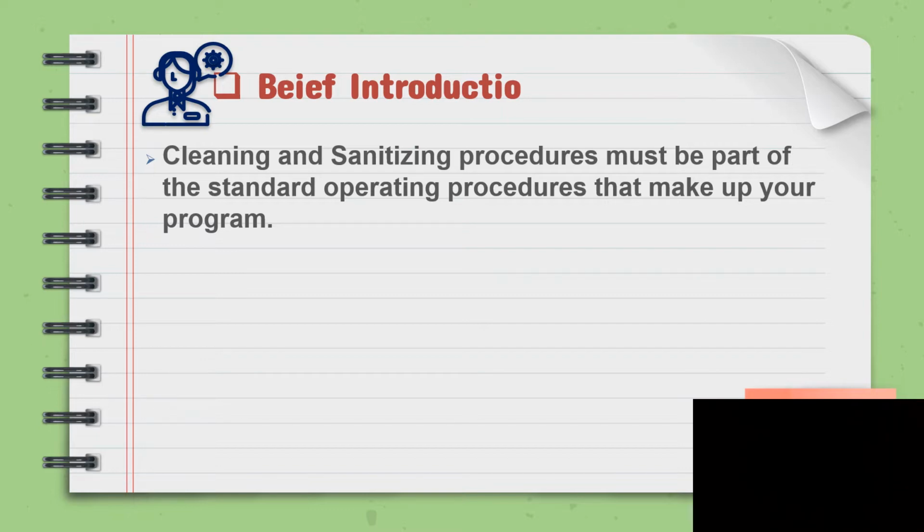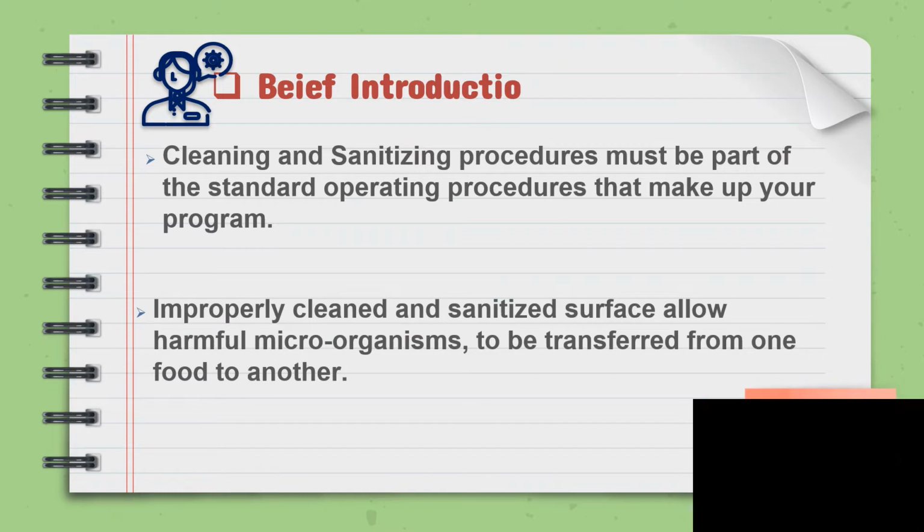even the hotel. Okay, improperly cleaned and sanitized surfaces allow harmful microorganisms to be transferred from one food to another. So, pag improperly, ibig sabihin, hindi mo naayos o nilinisan o na-sanitize yung mga kitchen premises, kitchen tools, kitchen equipment.